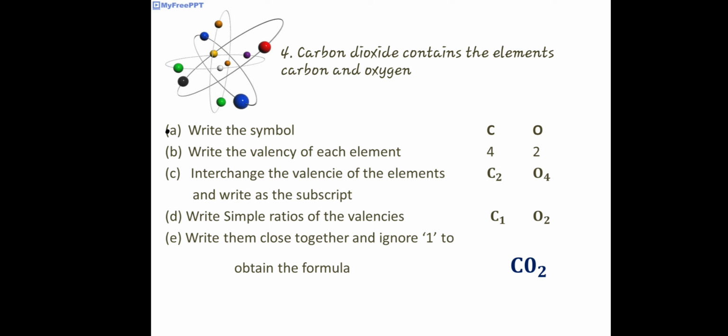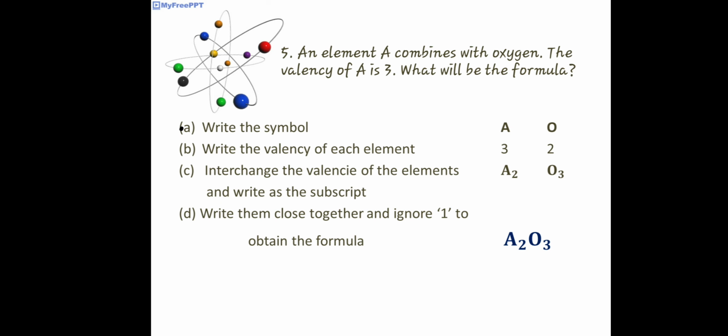Okay, so that's it. So let's proceed to another slide. An element A combines with oxygen. The valency of A is 3. What will be the formula? So write the symbol. It is now A and O. So write the valency of each element. We have 3 and 2.